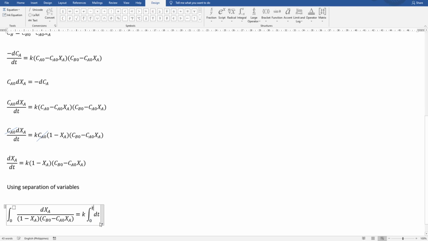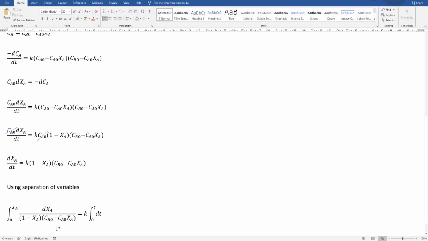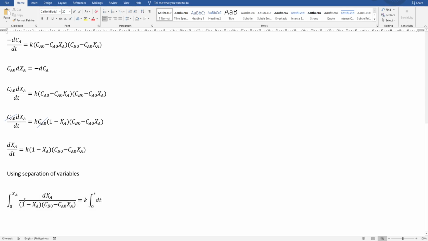At any time, our conversion is XA, right? So what we have here is this type of equation. This side, we have this. We could integrate this using the partial fraction decomposition. This one is the same.